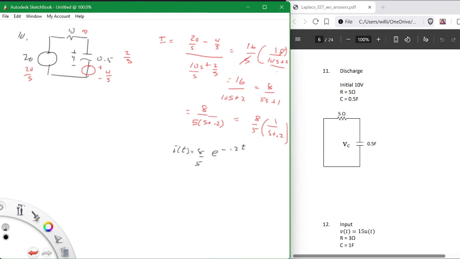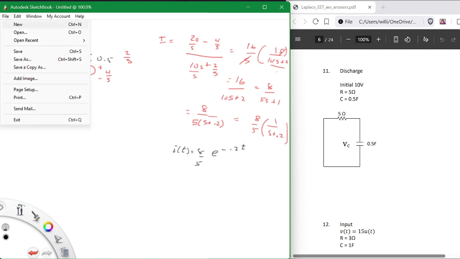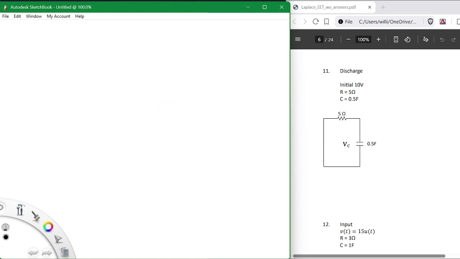This is another one with the same basic problem, except for the fact that now you've taken out the 20 over s. So all you've got now is the initial value of 10 volts. So I have here the current going the opposite way. It's the same problem, except now there is no voltage supply.